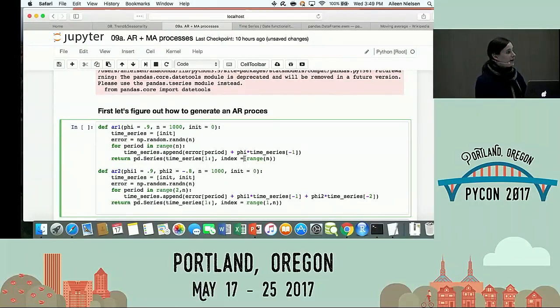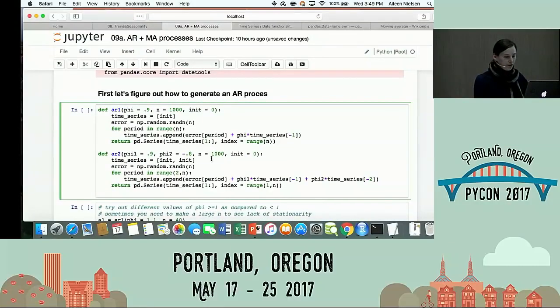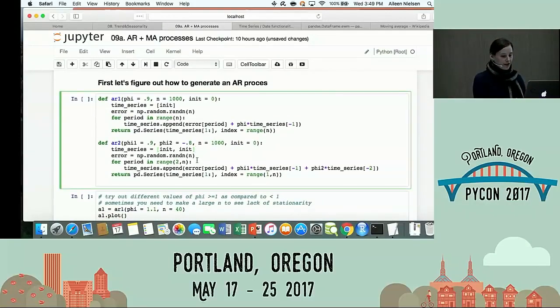If I want to do an AR2, slightly more complicated, but still fairly straightforward. Now I need 2 phis, right? 1 for each value. So I have a phi1, I have a phi2, I have however many I want to generate, and I need that initial value, right? Because my first initial value will tell me where I go from there, and I bootstrap from there.